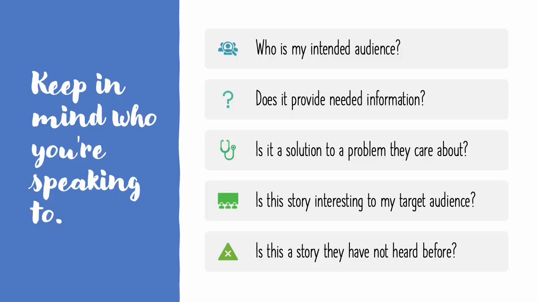Number two, keep in mind who you are speaking to. Very important. When creating and sharing statistical stories, keep in mind who you are talking to. It won't have to be a very complicated story, but it may also not need to be a very simple story.